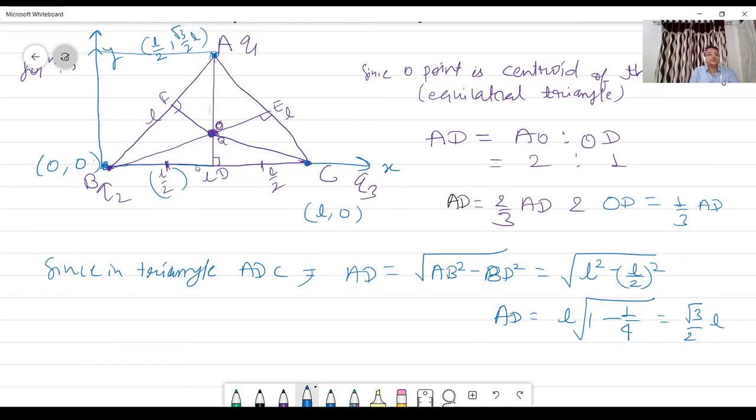So for finding this location, again the horizontal value is known. Let's suppose I'm writing over here the location of O. So horizontal value is L/2, no doubt, but the vertical value I don't know.